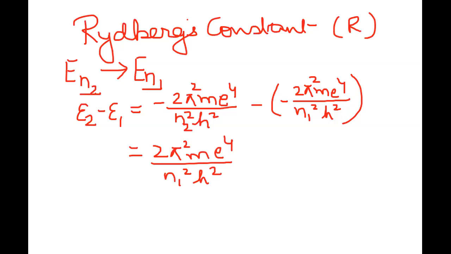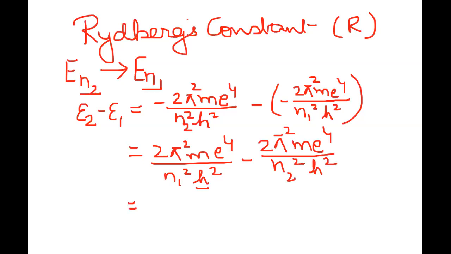Now this minus, I will use this one, that is 2 pi square m e4 divided by n2 square, where n2 stands for the second shell, and of course h square. Now we will take out the common terms. If you are using the permittivity in free space, even 1 by 4 pi epsilon naught square will also occur in the formula that we will add towards the end.